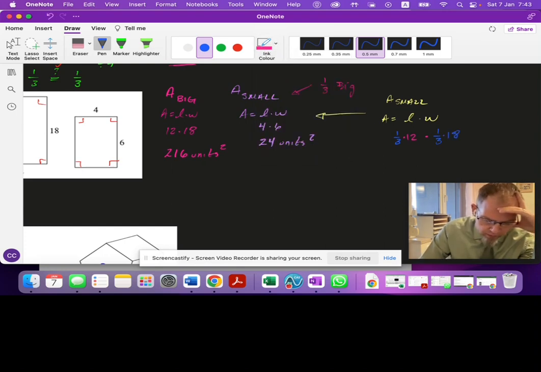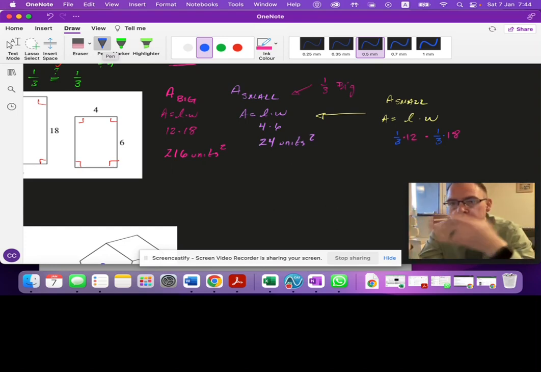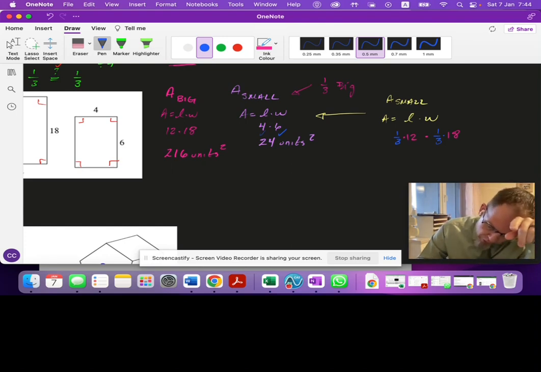And I think what you're going to see when we do this, is now if I was to multiply this out, I could multiply 1/3 times 12 and I get 4, and that would check out. I could do 1/3 times 18, and that would be 6, and that would work. But I'm going to do a trick here. I'm going to multiply my two 1/3s together.